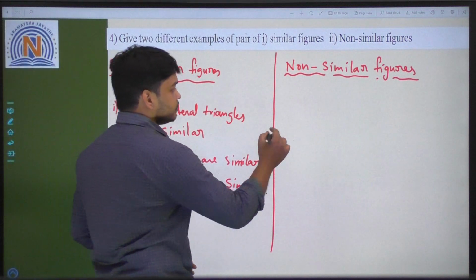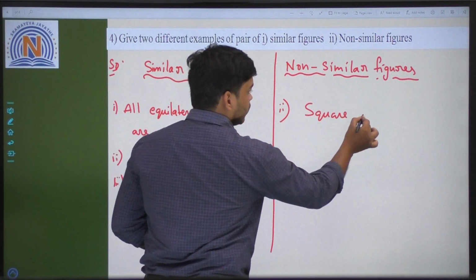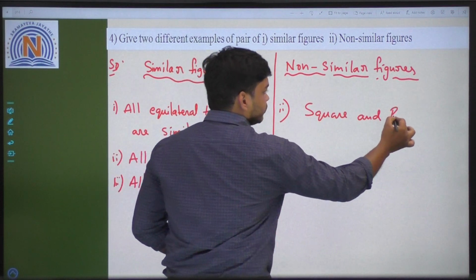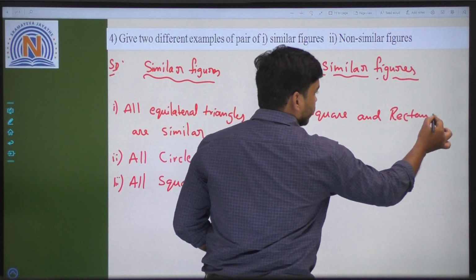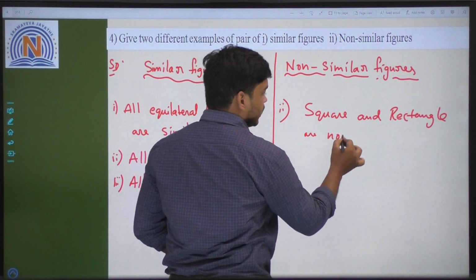Non-similar figures means square and rectangle. Are a square and a rectangle similar or non-similar?